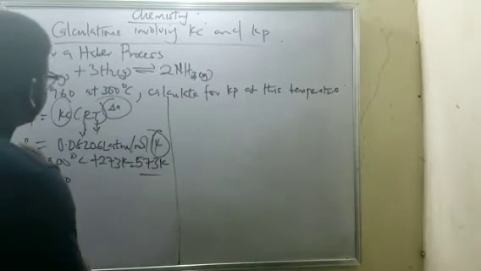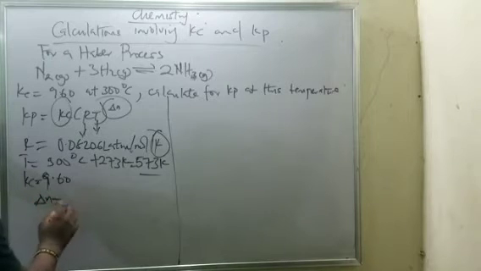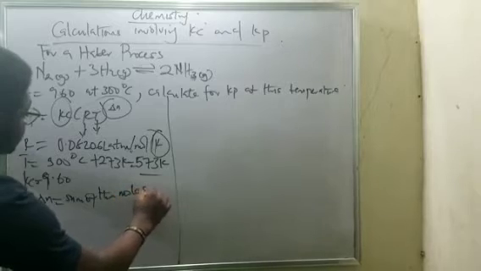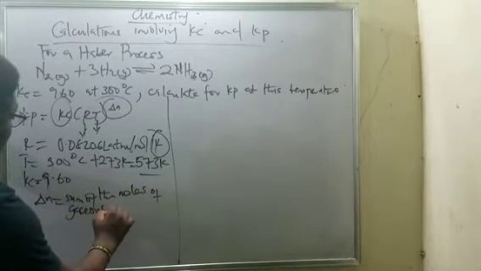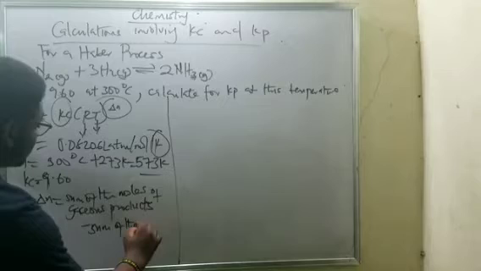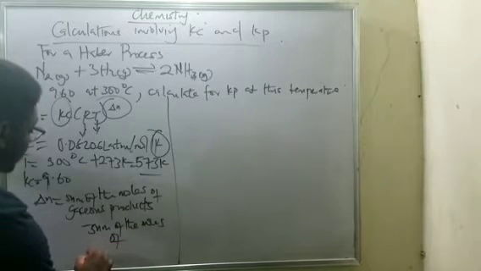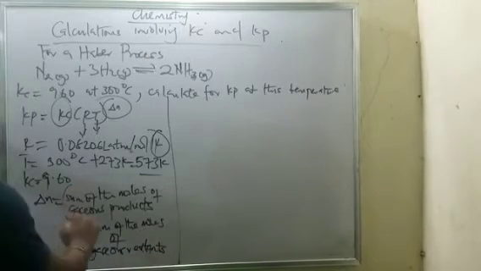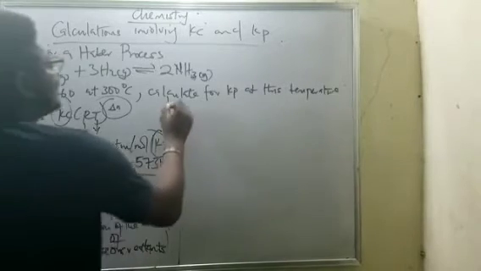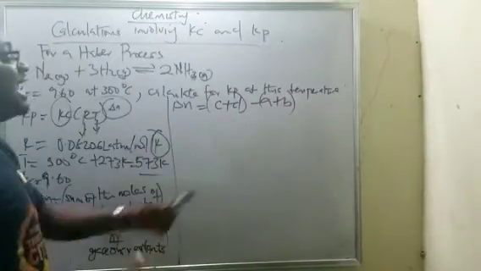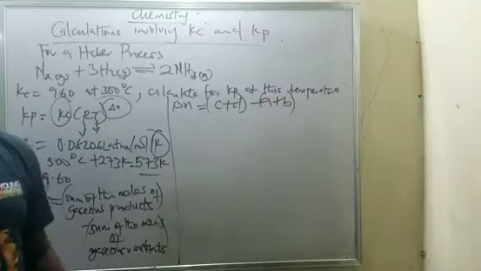If you check our last video, delta n is equal to the sum of the moles of the gaseous products minus the sum of the moles of the gaseous reactants, where delta n was given as (c + d) minus (a + b), where c and d are the number of moles of the products and a and b are the number of moles of the reactants.